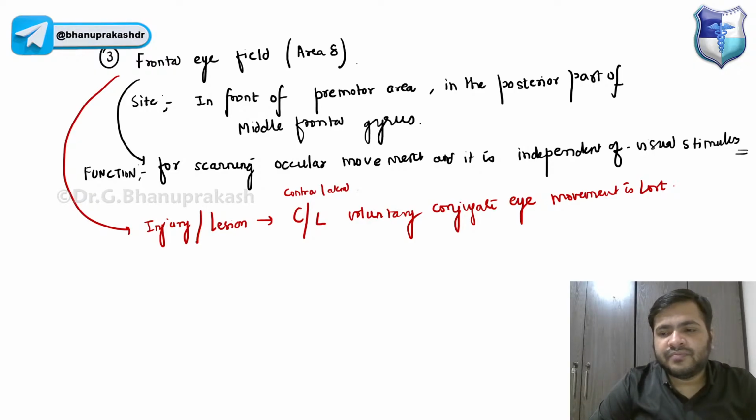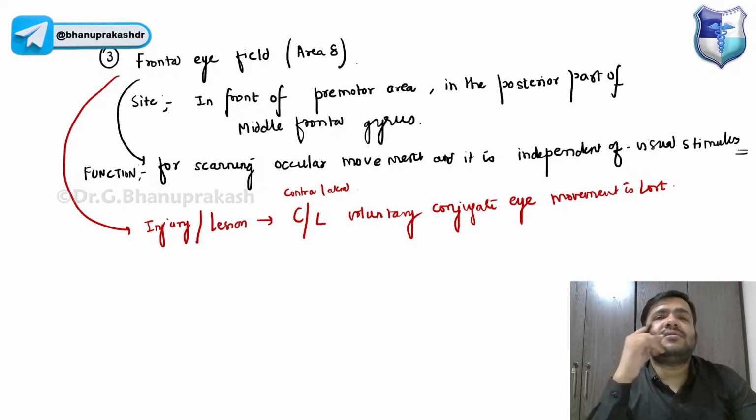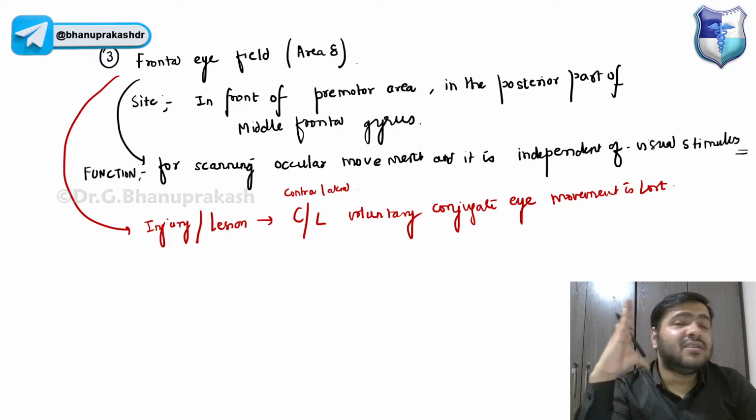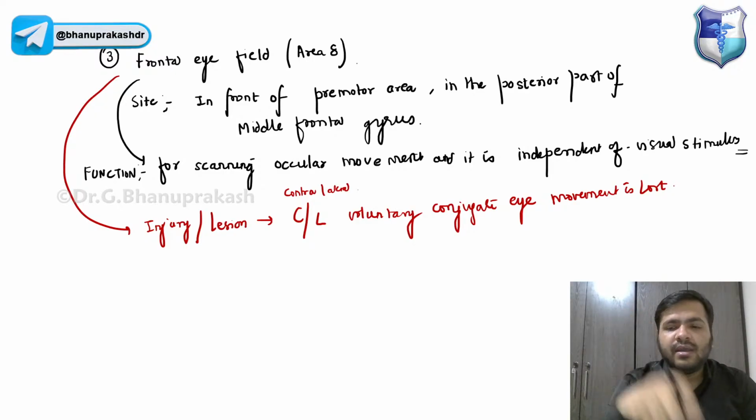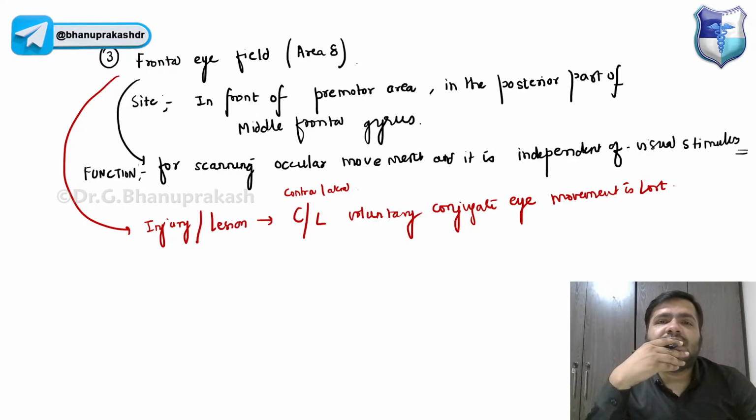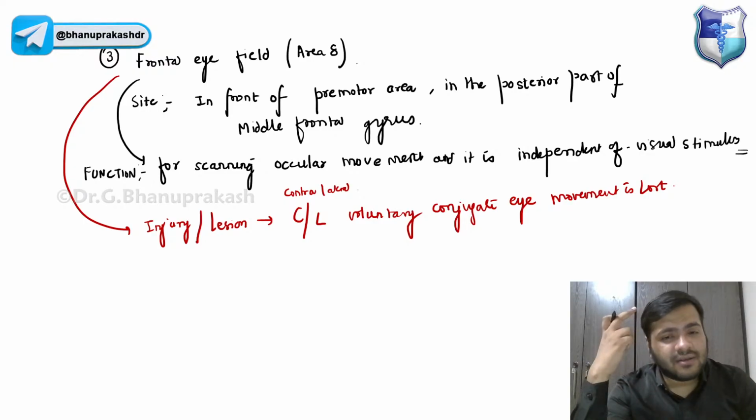In this case, remember the eyes will be deviated to the side of the lesion. Let us imagine a condition: if the right frontal area is affected, there will be deviation of the eye towards the lesion, guys.